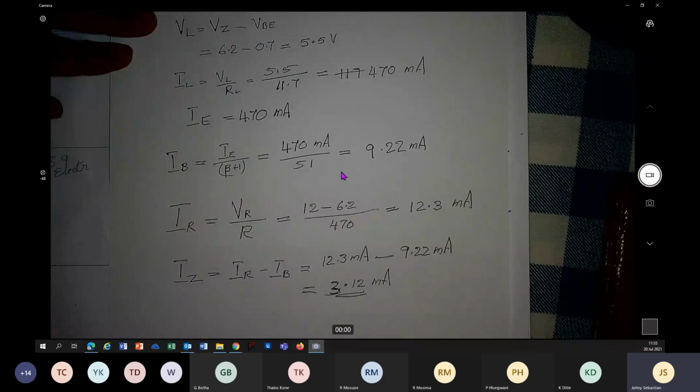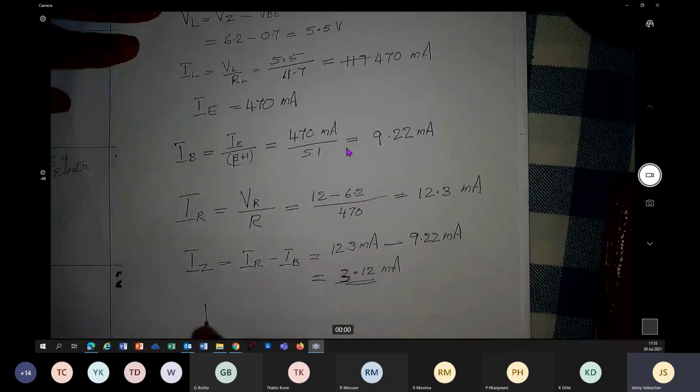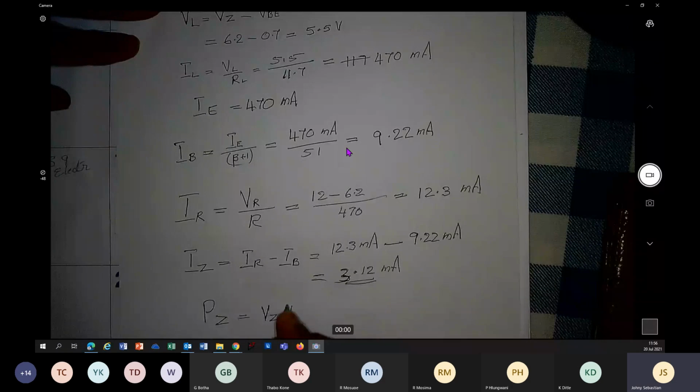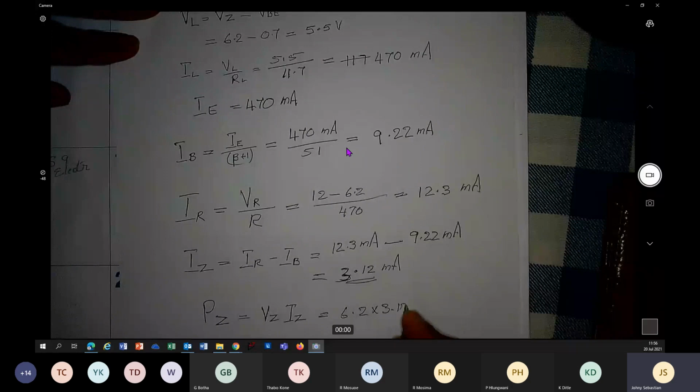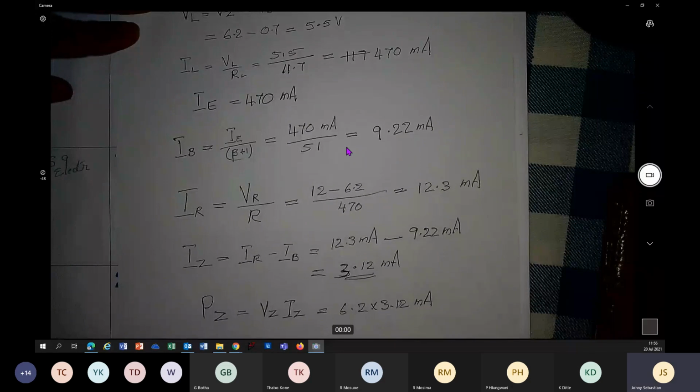There is one more thing that you could find out: power consumed in the Zener. Power consumed in the Zener is Zener voltage multiplied by Zener current. That is 6.2 multiplied by 3.12 milliampere. That is the power consumed in the Zener.